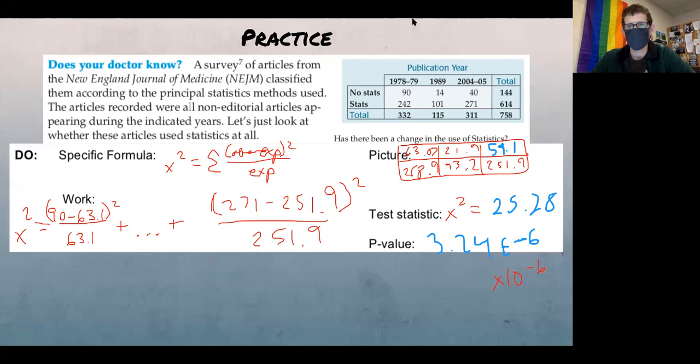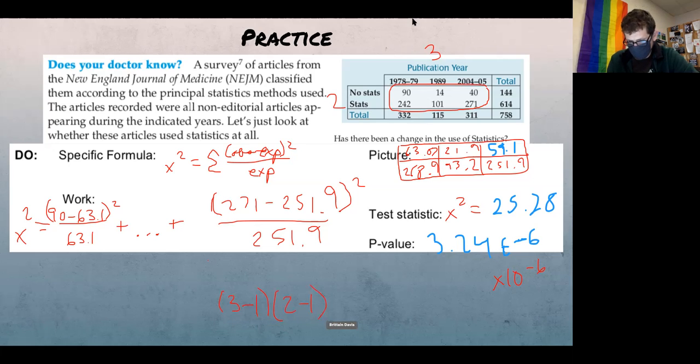All right, so we've got this. As far as the degrees of freedom go, it tells you right here you have 2 degrees of freedom. But again, just a reminder, to find your degrees of freedom, it's your number of columns, which we have 3 columns and 2 rows. So it's going to be 3 minus 1 times 2 minus 1.